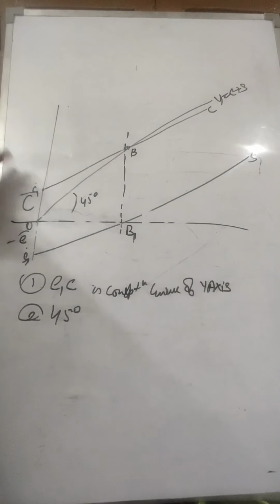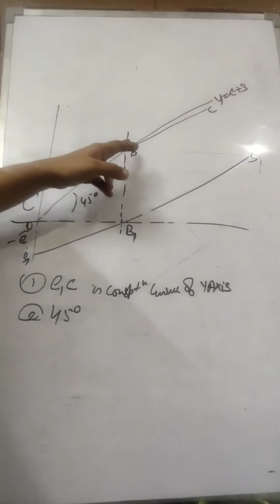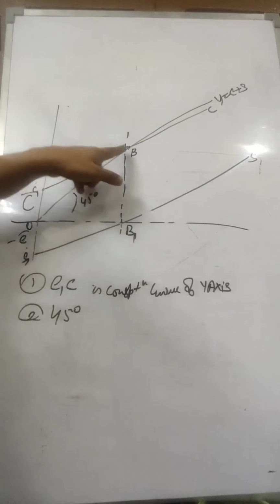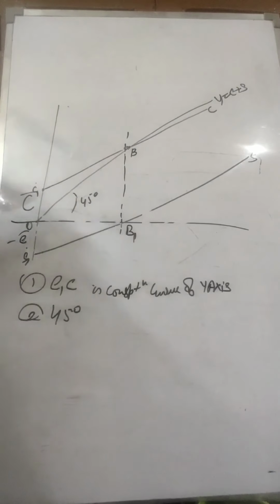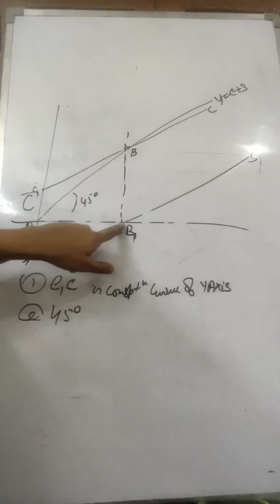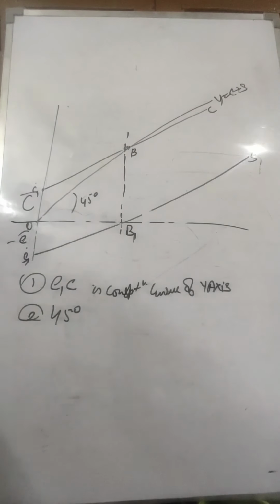So I will get the consumption curve. For the S1 curve, that is my savings curve, I will draw a perpendicular from B point, and to get the C1C curve, that is my consumption curve, I will draw a perpendicular from B1 point. This is mostly a 6-marker or 4-marker question, and it is mostly asked in the exam. So it is very important.